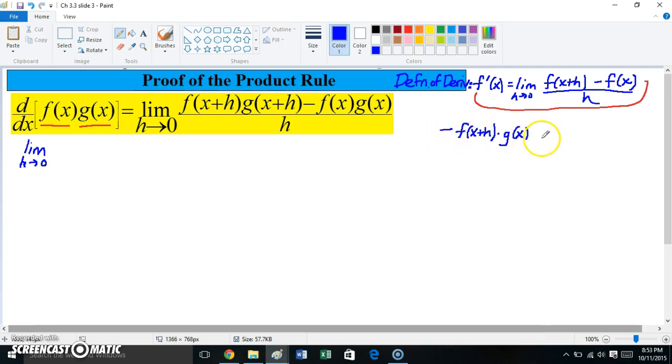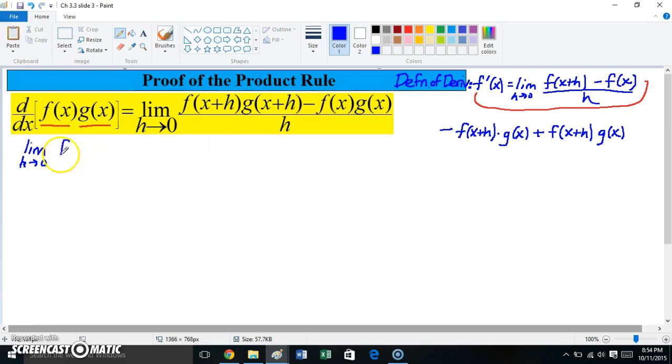So I'm going to add the negative of that and then the positive of that to the numerator, and I'm going to insert it right in between these two terms.